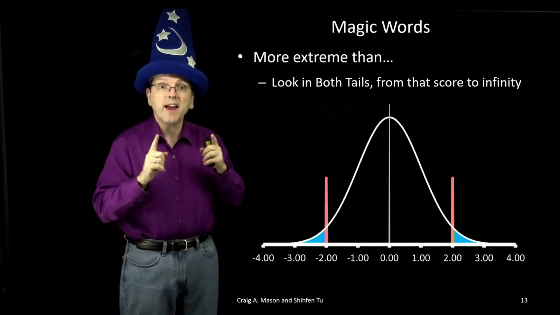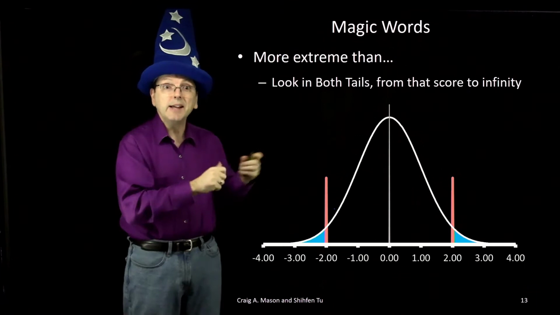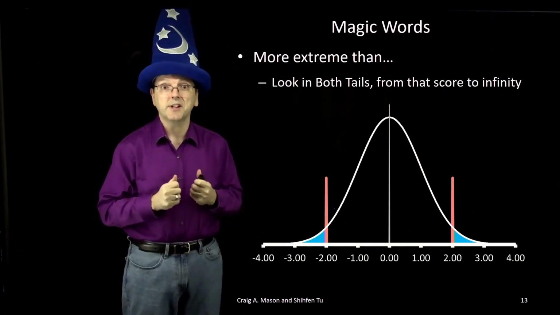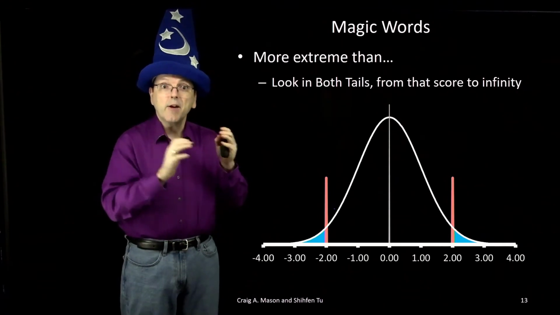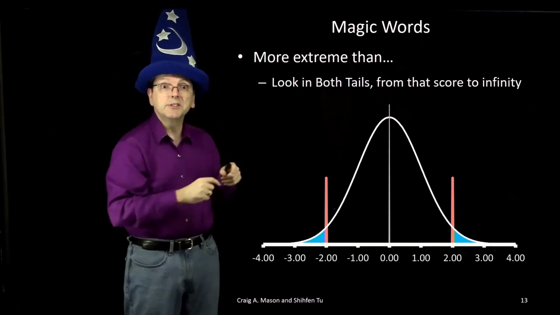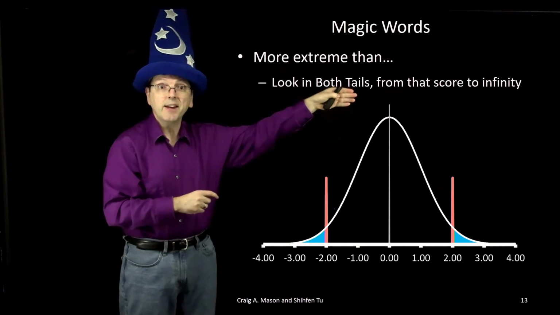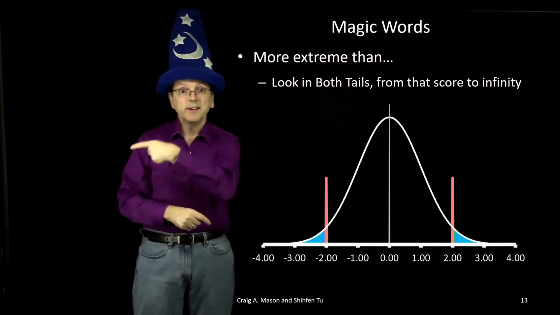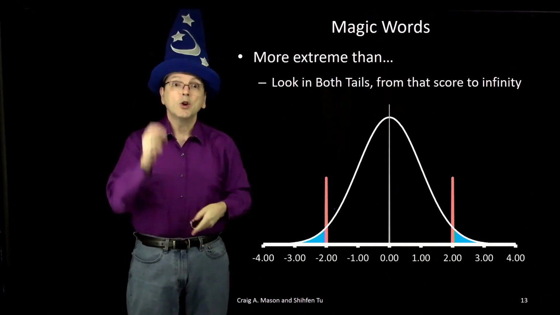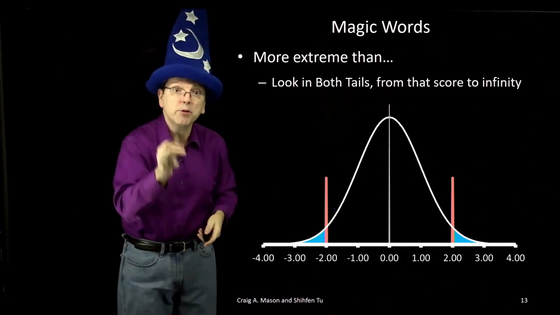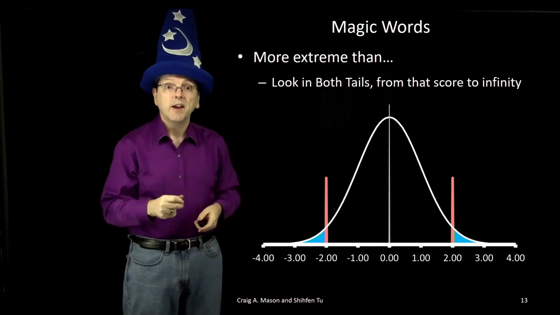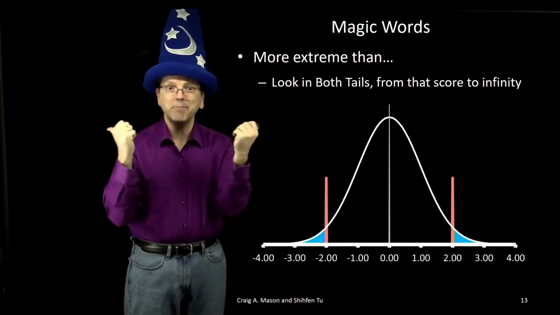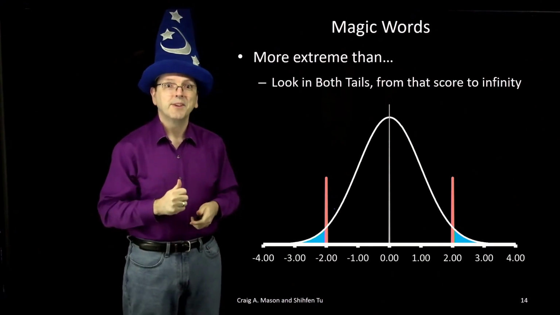You're interested in the area that's beyond the plus and minus values of whatever score you're interested in, right? The area from the positive value of your z-score up to positive infinity, plus the area from the negative value of your z-score down to negative infinity. You want both areas, both proportions under the curve, because they're both equally extreme, just in opposite directions.